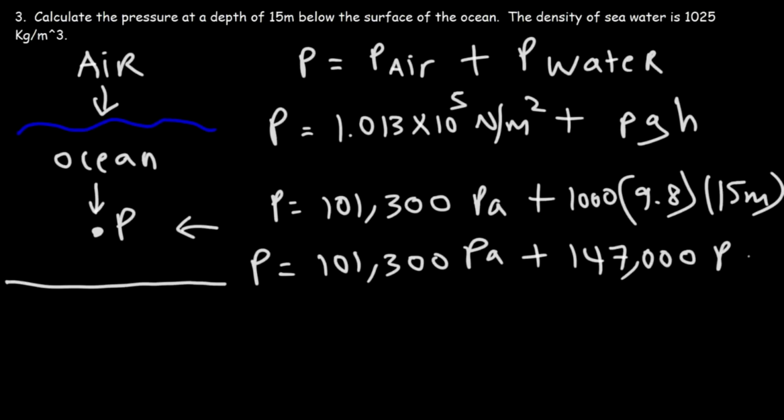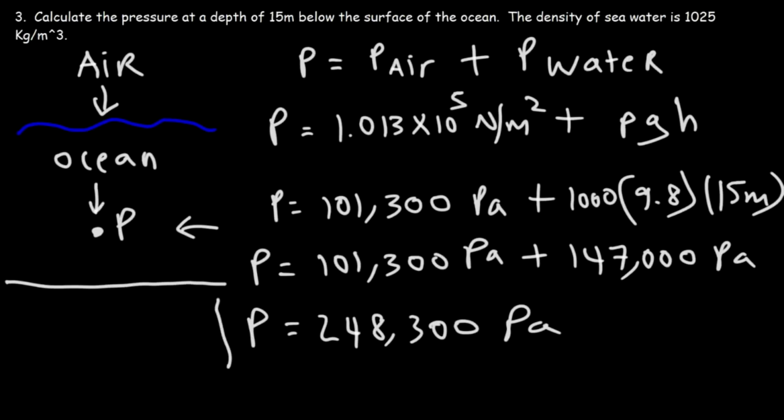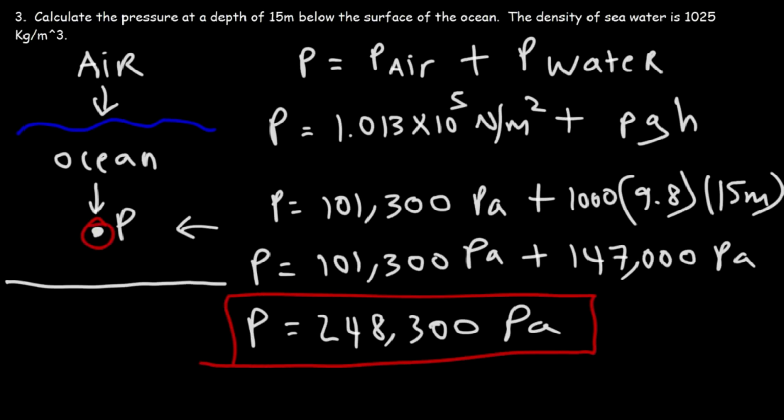That's the gauge pressure. The absolute pressure, which is P, that's the total pressure. That's going to be the sum of those two numbers, which is 248,300 pascals. So that is the absolute pressure at this point.